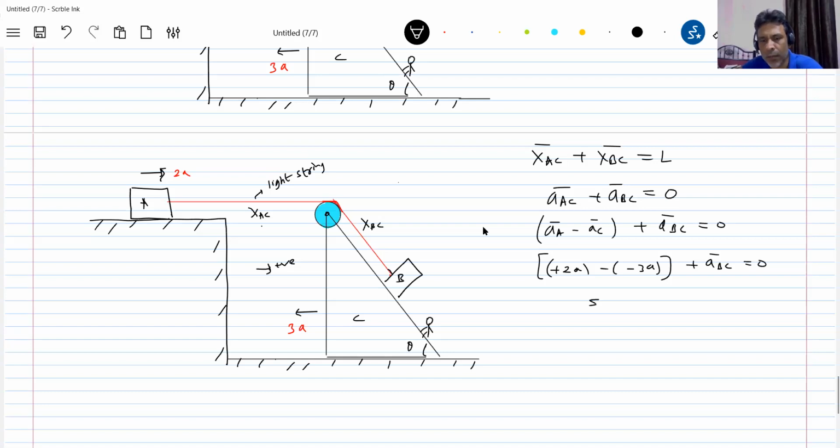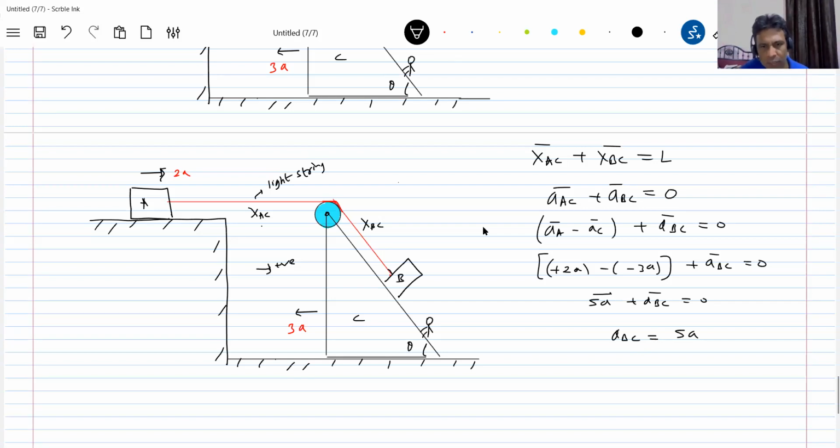So this should become 5A. Only magnitude. Acceleration of B with respect to C, we know it.